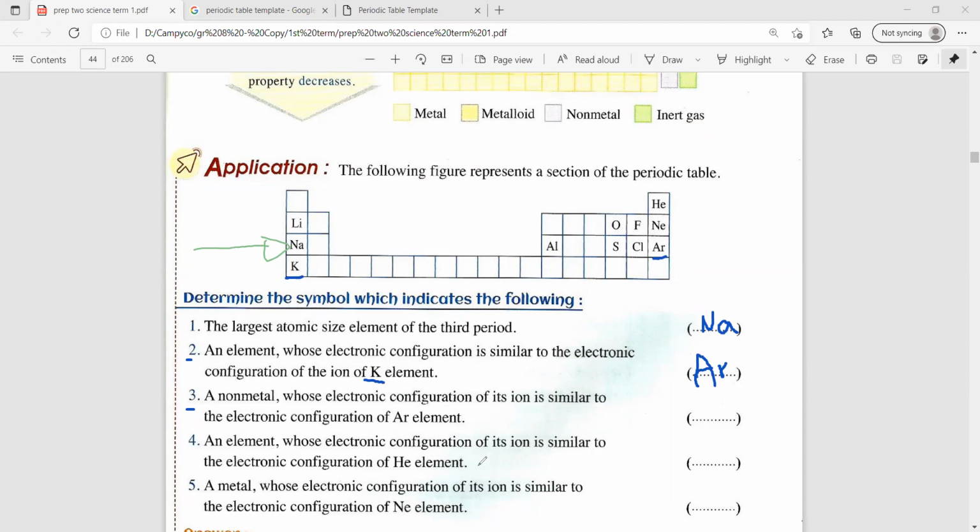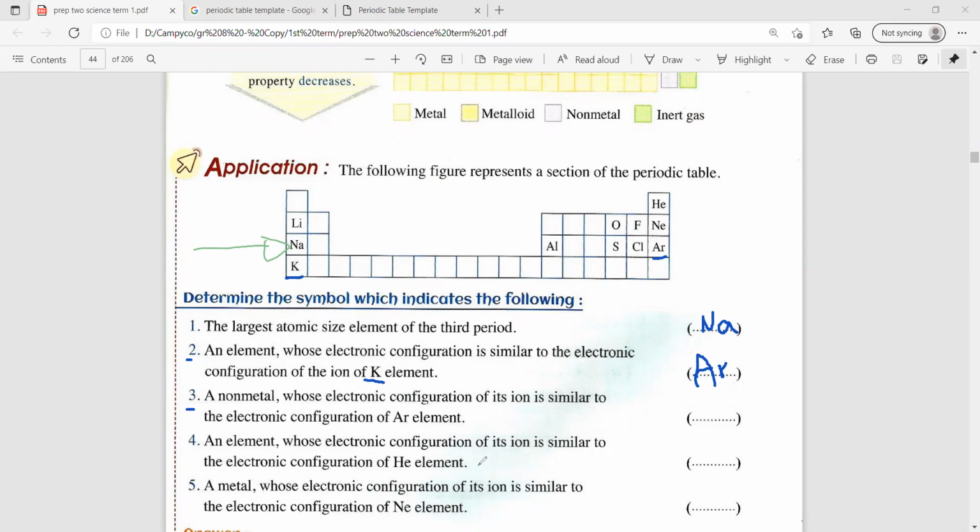Salma, we took that metals want to be like the inert gas preceding them, but non-metals want to be like the inert gas following them, right? So what is the non-metal that wants to be like argon? They will have the same electronic configuration as argon when they become ions.